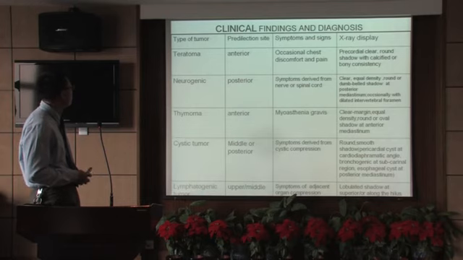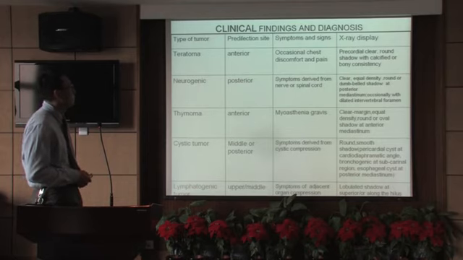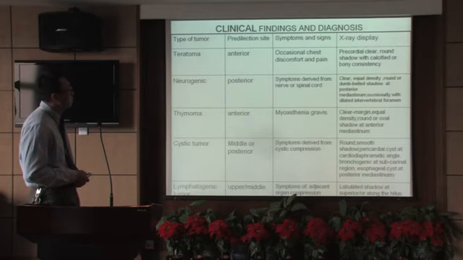The neurogenic tumor is often located at the posterior part, with symptoms derived from the nerve or spinal cord. The X-ray displays a clear, equal density, round or dumbbell-shaped shadow at the posterior mediastinum, occasionally with a dilated intervertebral foramen.